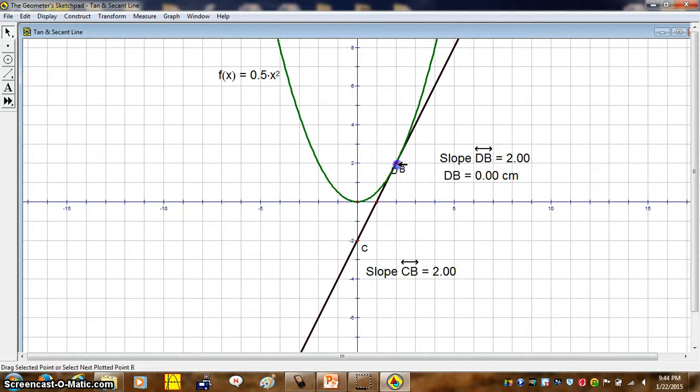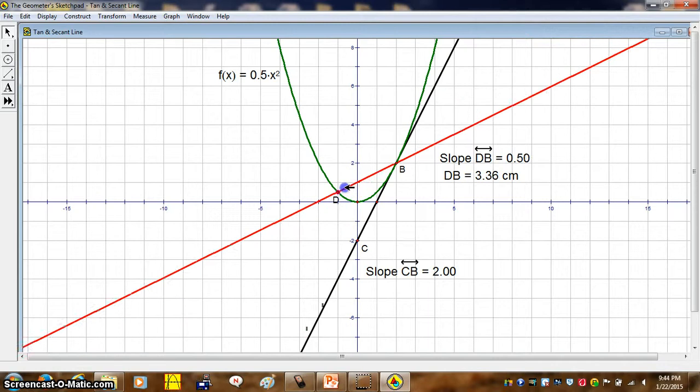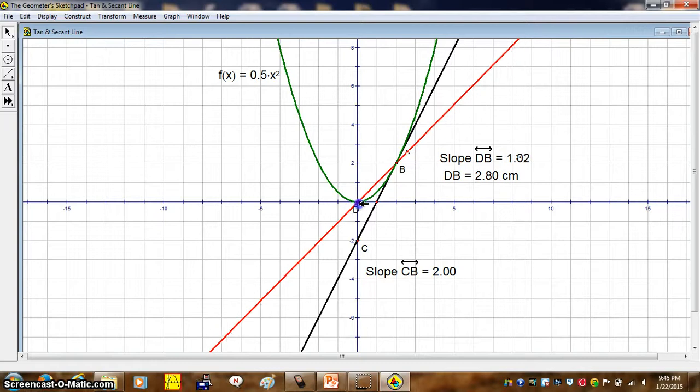Now, I did that in this particular sketch using a left-handed limit, or a left-sided limit, meaning my point D started on the left side of B and moved closer and closer to B.